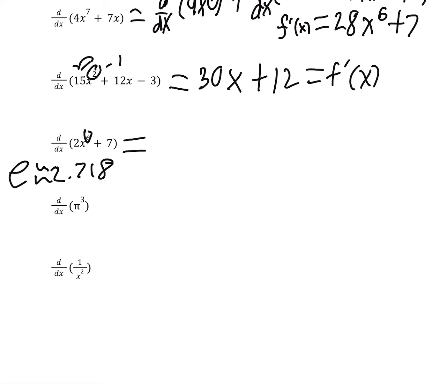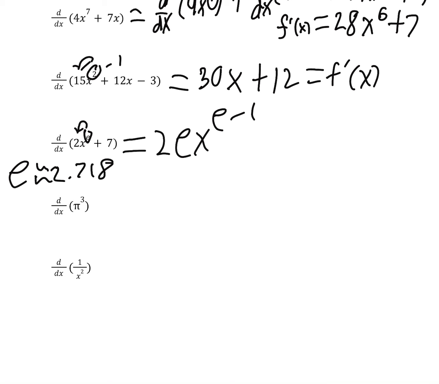So for this example, you're also going to take the power rule. So you're going to take the e down, and then you're going to have e minus 1 for the exponent. Don't write 1.718.